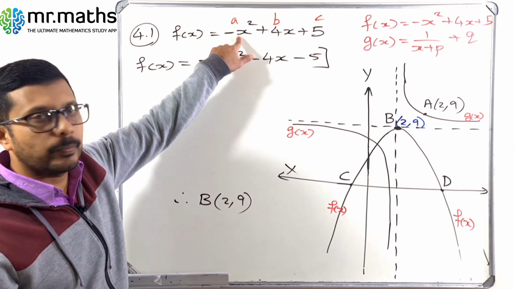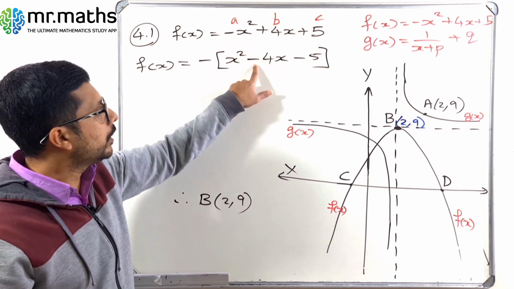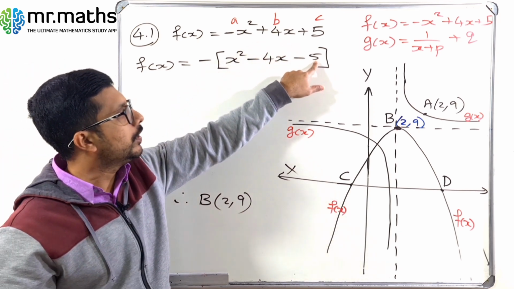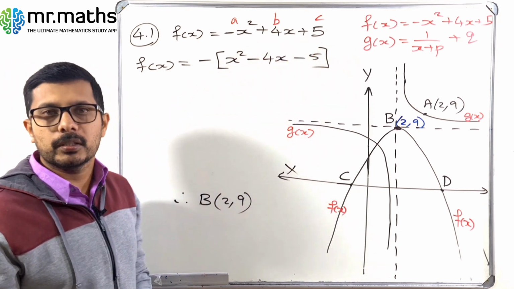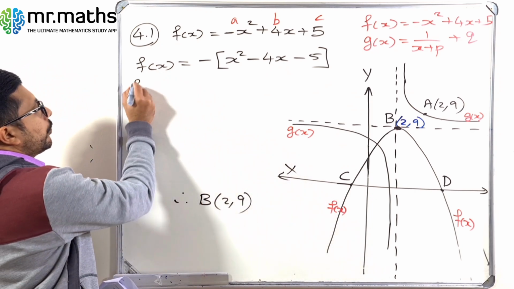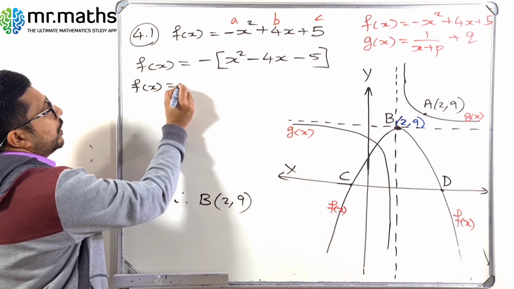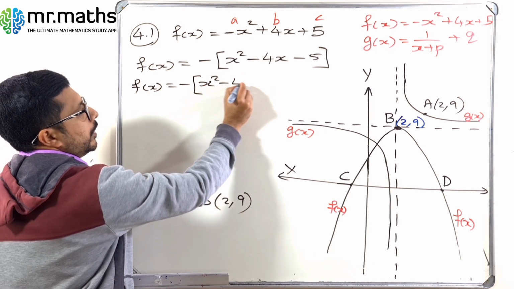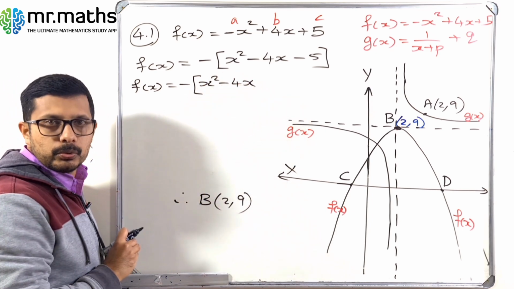Minus into x squared is minus x squared, minus into minus 4x is positive 4x, minus times minus 5 is positive 5, so it's fine. Now f of x is equal to minus of, then inside the bracket, x squared minus 4x, I wrote the first two terms.